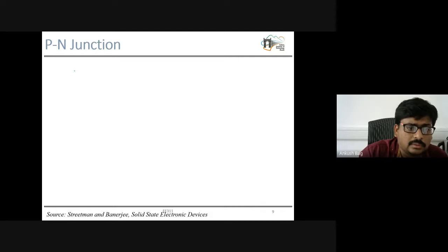So this is the PN junction diode structure. Here we have one semiconductor silicon chip.